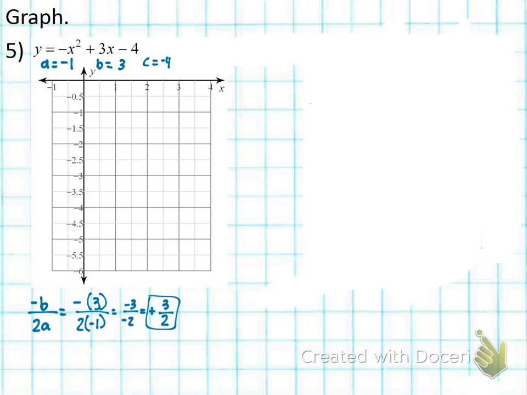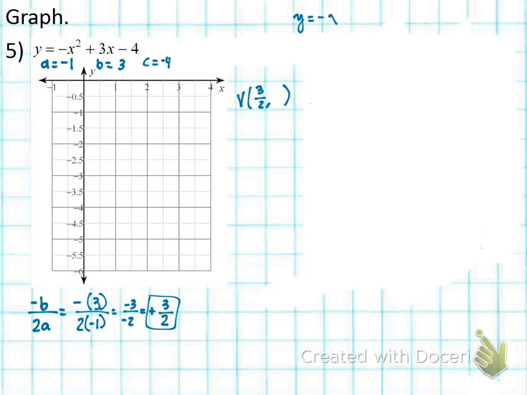So we have a fraction here, so I'm going to write that on the side. So that's our ingredient now, okay? That's our ingredient. So how do we get the output if we have 3 halves? What do we need to do? Plug it back in. So we take the original equation, y is equal to negative x squared.